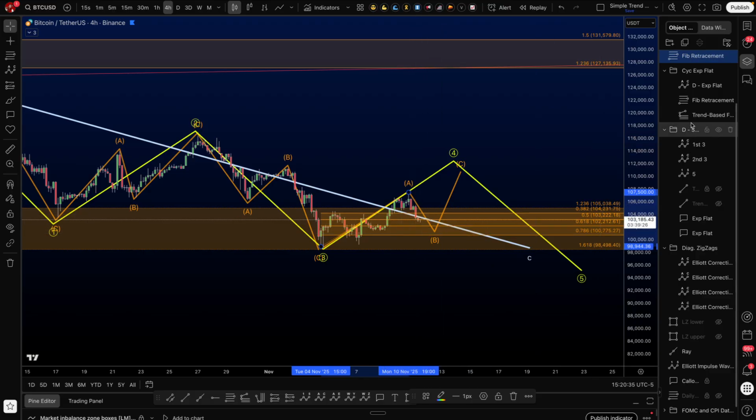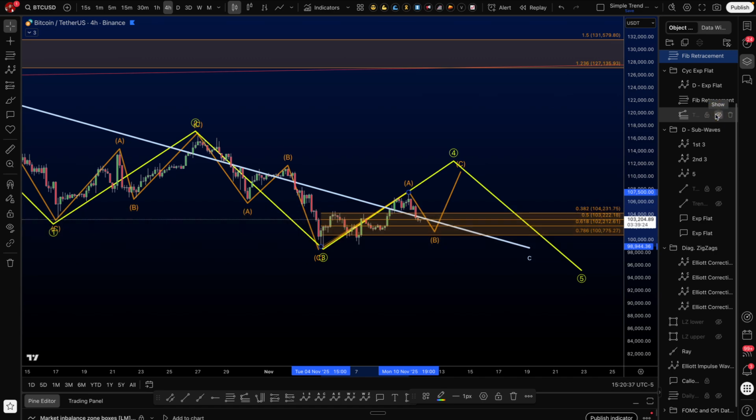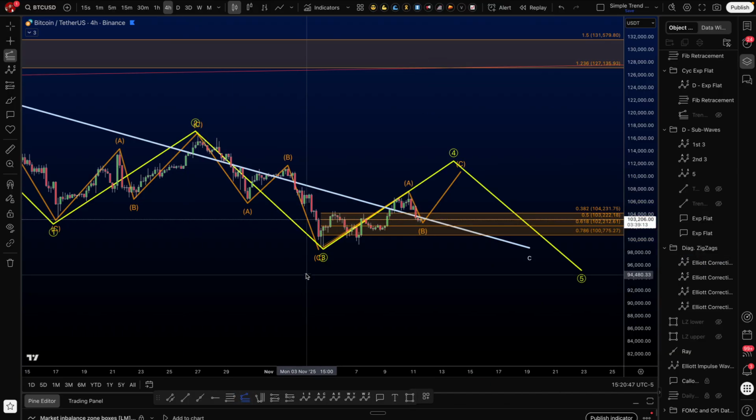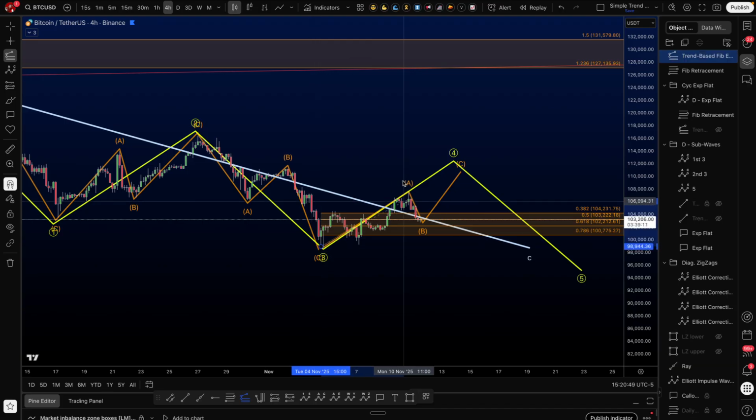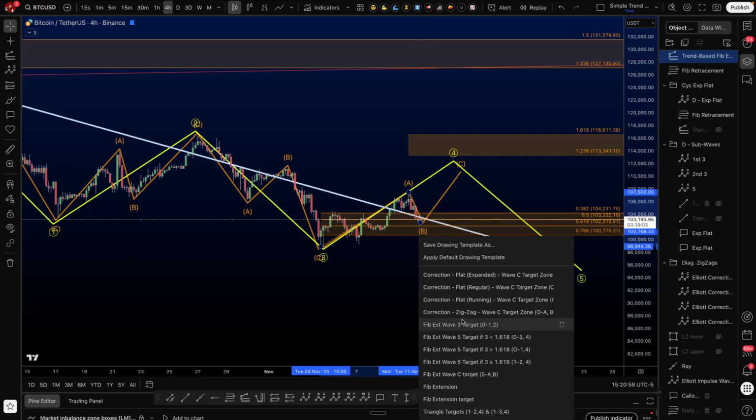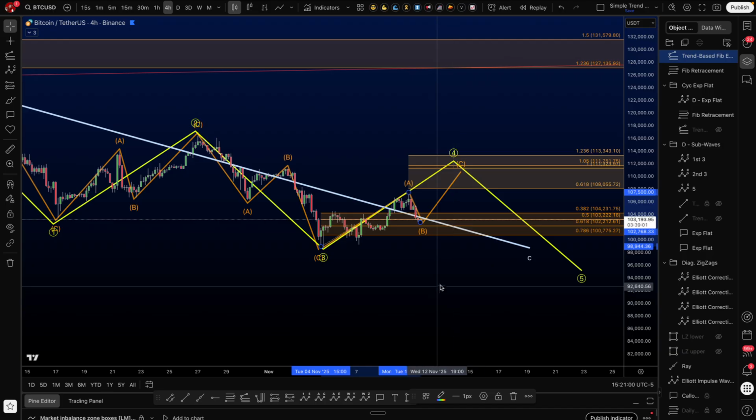I'm expecting a turnaround somewhere in this orange area, and then if I do, then I can project where wave C should be going based on the length of wave A projected from the end of B. I get a zigzag target zone, something like that.